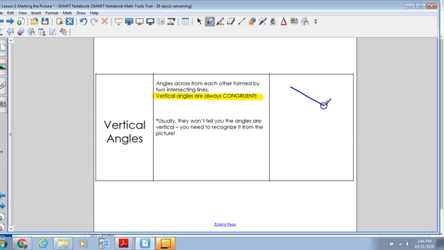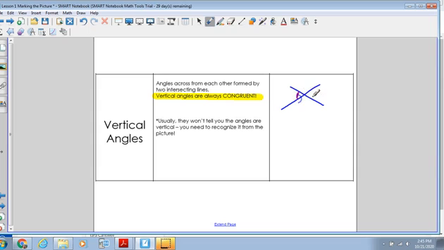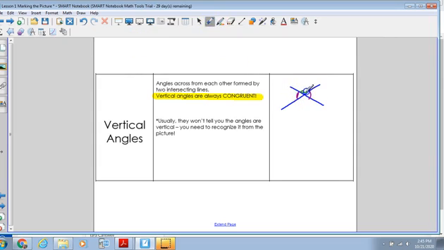So in a regular example, that would look something like this, where we have these two intersecting lines, and we would have the vertical angles, this angle and this angle, are vertical angles and therefore congruent to each other. And another pair of vertical angles in this picture would be here and here. These are vertical angles. They are congruent to each other.